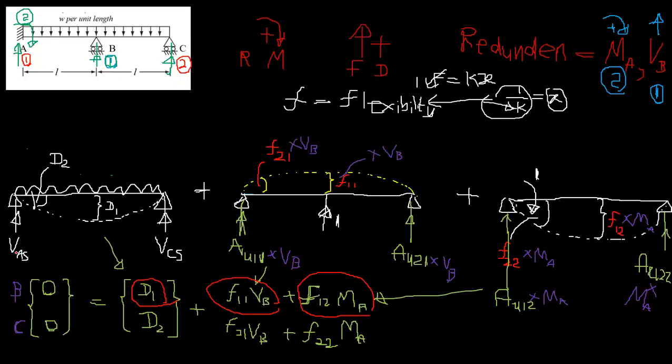Sorry, not B and C, the action coordinates. Those are not the redundant coordinates. AB and AC equal to, this is the original structure. So in the primary structure, you have ABS and ACS.